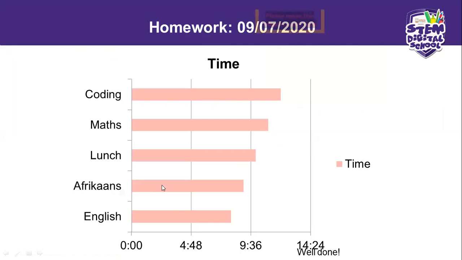Right, so what it tells me here is that we've got 1, 2, 3, 4 classes, okay? English, Afrikaans, maths, and coding. And then your times there. We don't see them specifically because the computer did not do it the way it's supposed to do.